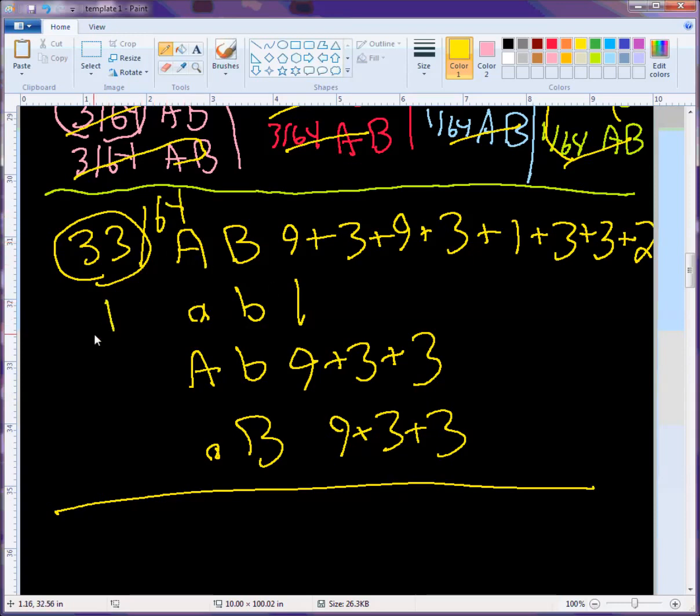Only one, poor little one out of 64 is little a, little b.